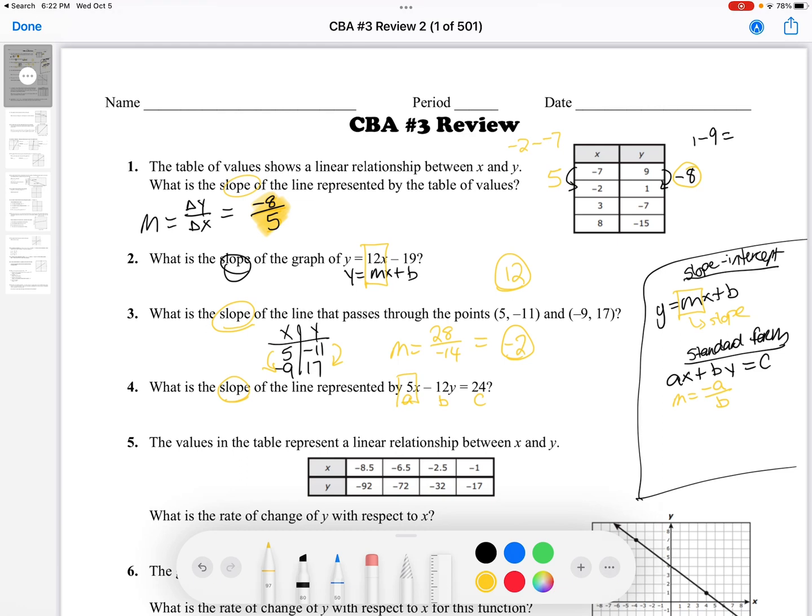Since a is 5, we do -5 over b, which is -12. If we plug this in our calculator and simplify it, we get 5 over 12.